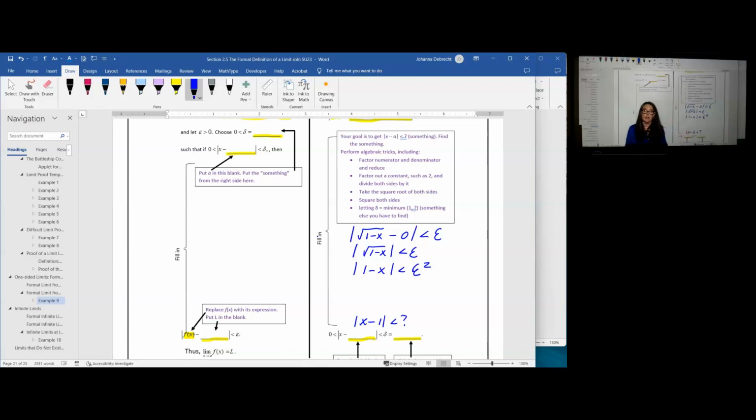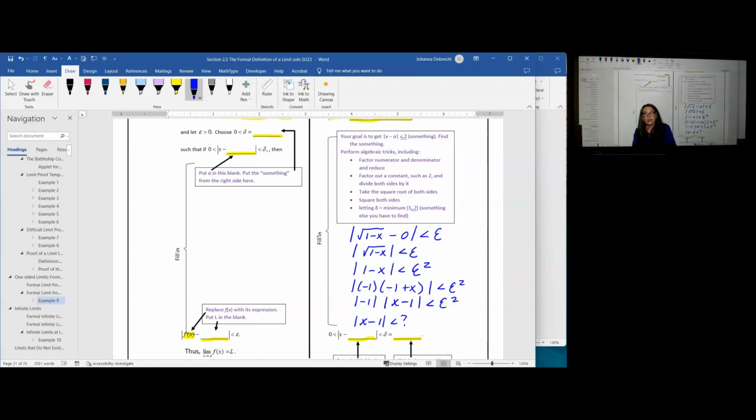I had to square both sides to get rid of the square root. Now, it's close, but it's not exact. And the question is, what do I do about that? Oh, I factor out the negative 1. This is going to give me negative 1 times negative 1 plus x, which I can rewrite in a different order as x minus 1. And I pulled the absolute value of the negative 1 out.